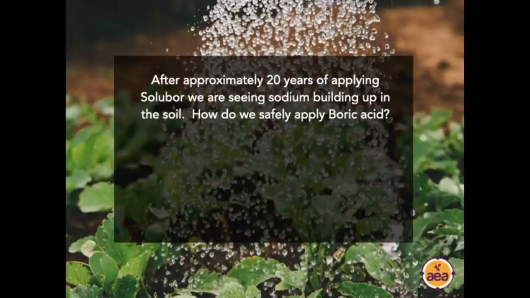I would guess it's probably coming from other places, because the quantity of sodium that you're applying in Solubor is so small that most plants will absorb it and use it and remove it, or even if it cycles within the local environment, it's still extremely small. It's more probable that it's coming from compost, or from ruminant animals that are supplemented with sodium. That would be my first guess of where the sodium is coming from.